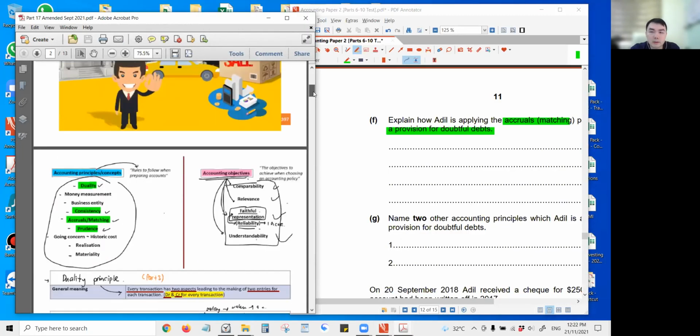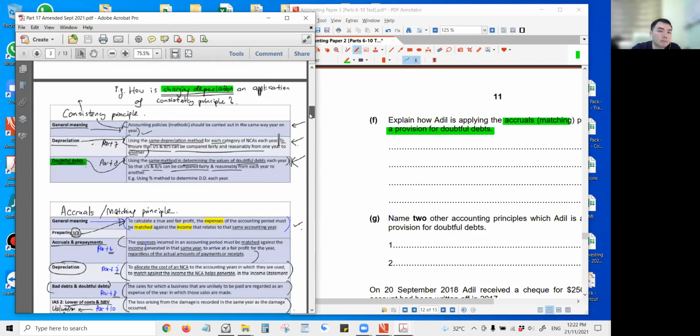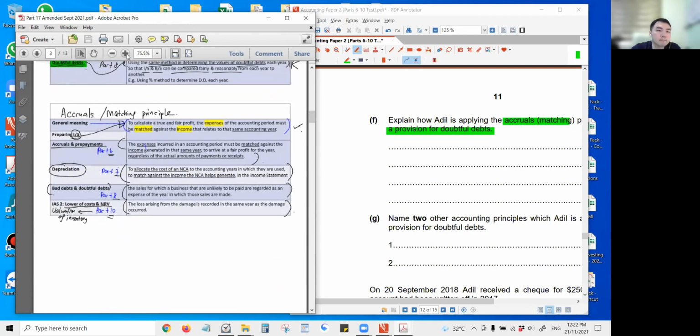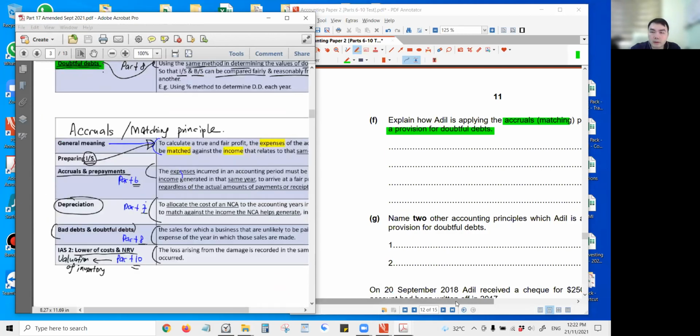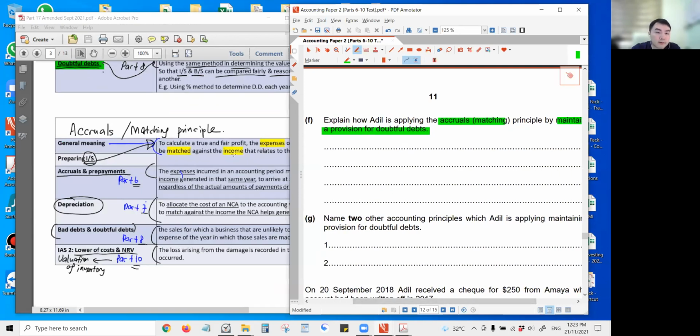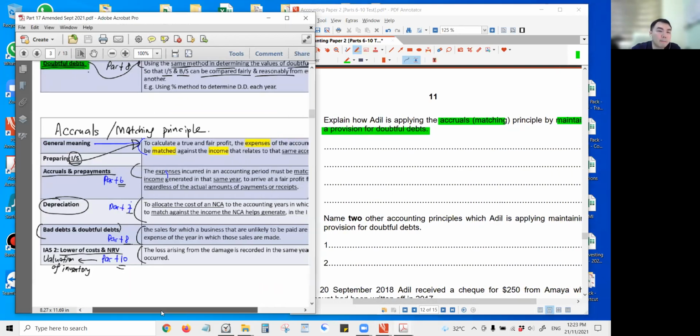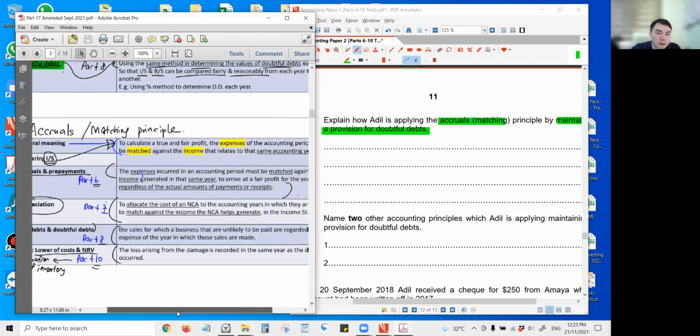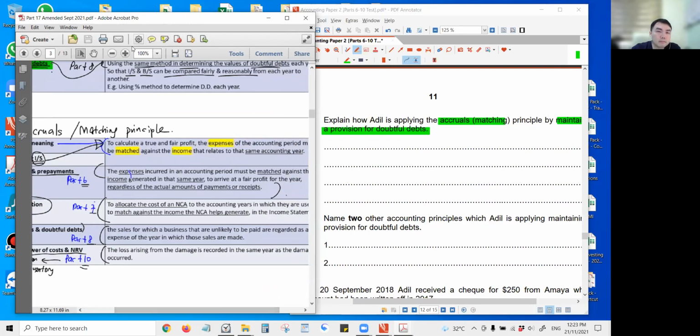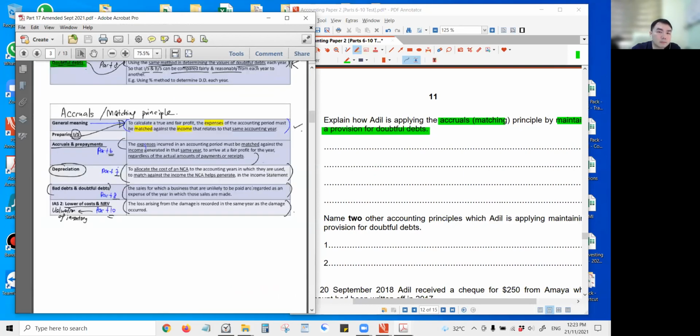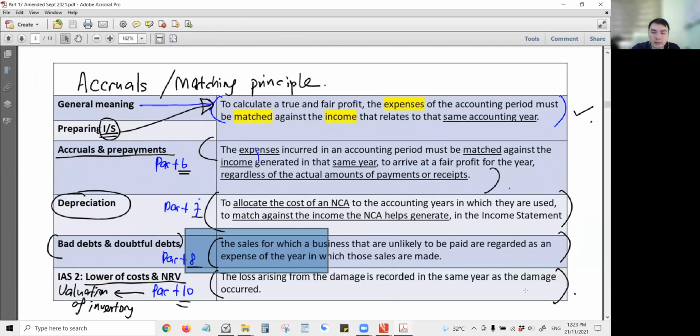They're asking for accrual principle, right? Accrual principle is asking you in the context of provision for that. Therefore, your answer is here. The sales for which a business that are unlikely to be paid are regarded as an expense of the year in which those sales are made.